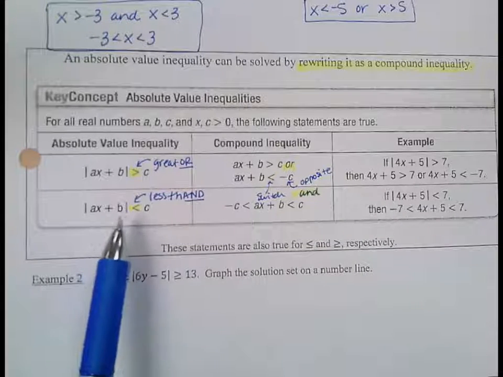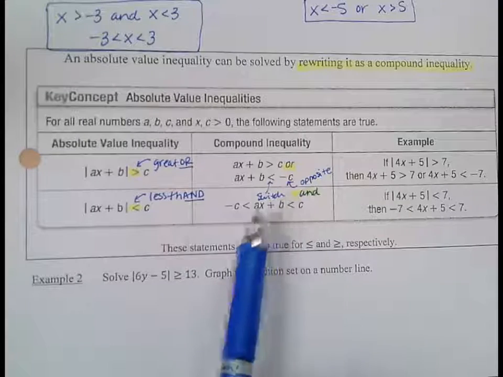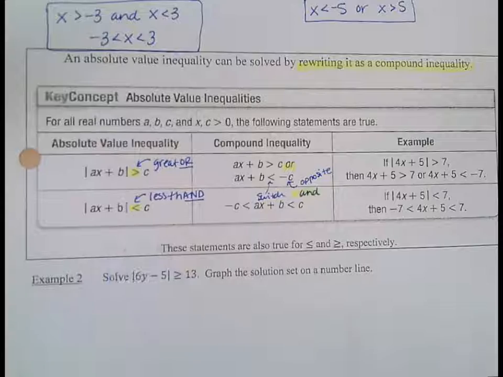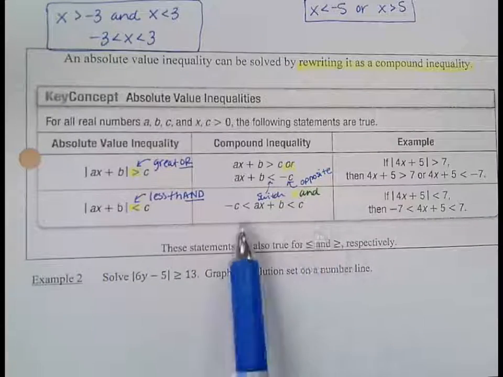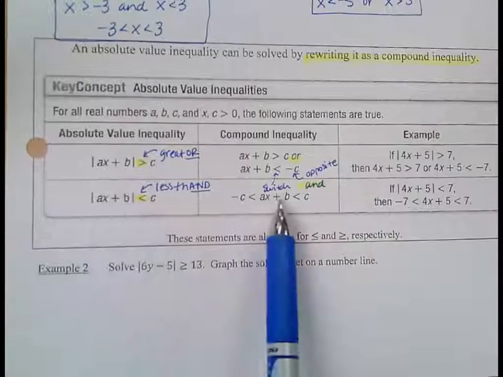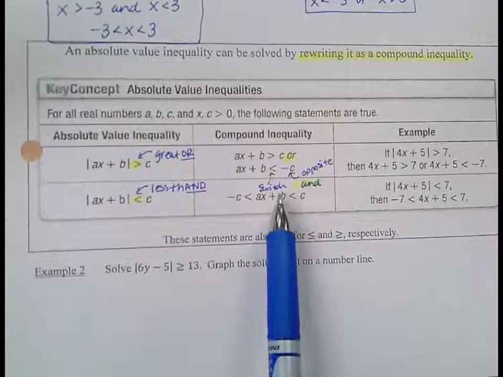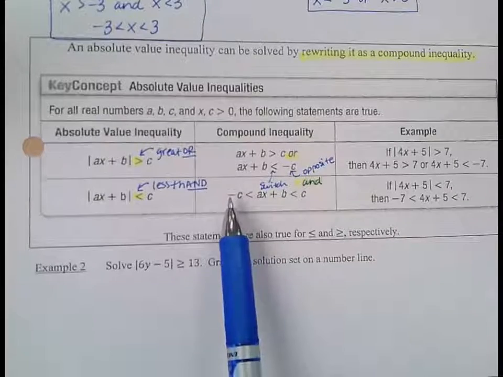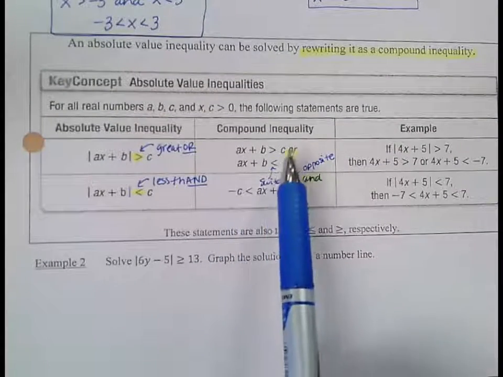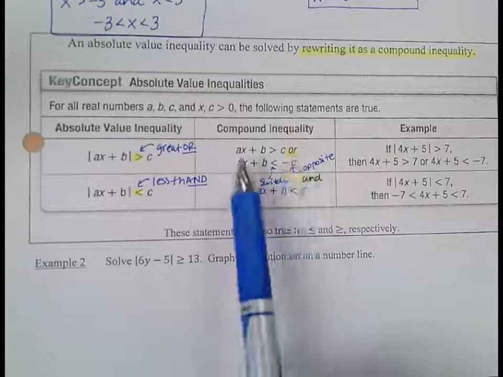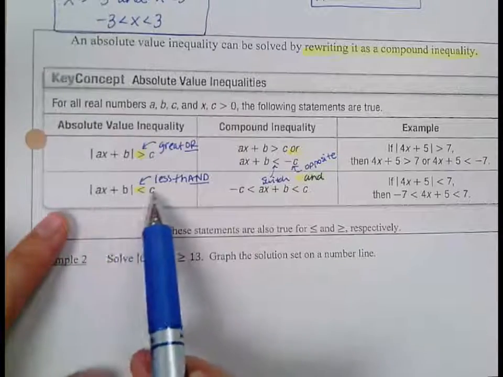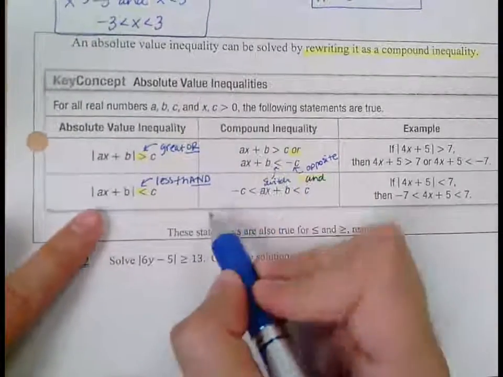And then for the formula they have down here for the and case, if it's less than or equal to, it's an and. This is one way you can write it, and this is showing that whatever is in the absolute value bars is going to be in between positive c and negative c. But you can also write it as two separate inequalities joined by and, the exact way this one is set up with or. So the first inequality would be keeping everything the same. You're just dropping the absolute value bars.